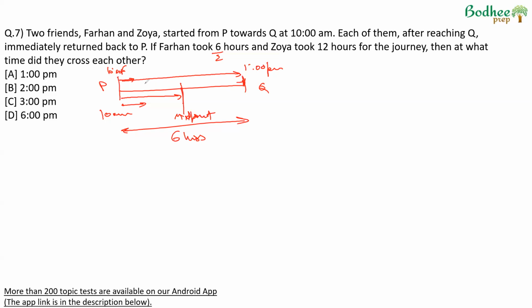Because the ratio of time is 1 is to 2, the ratio of speed of Farhan and Zoya will be 2 is to 1, inverse of time. Since Farhan completes the entire distance from P to Q, Zoya would have done half till 1 p.m. Now at this point, Zoya is still going forward. Farhan is coming back towards P. What will be the time taken to cover this distance now?